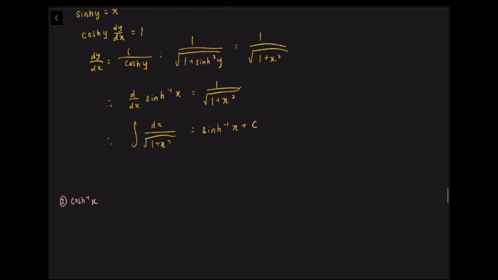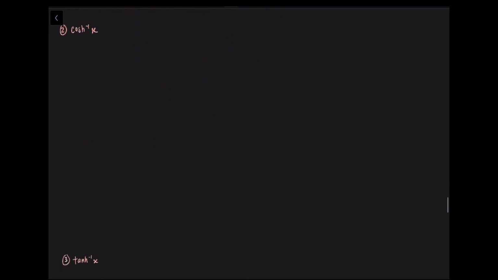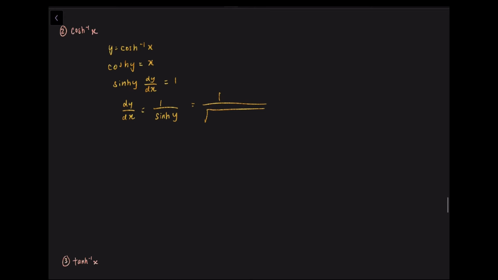For inverse cos x, we have y equals inverse cos x. Therefore, cos y equals x. Differentiating cos y equals x, we obtain sine y dy/dx equals 1. So dy/dx equals 1 over sine y, and sine y is the square root of cos squared y minus 1.